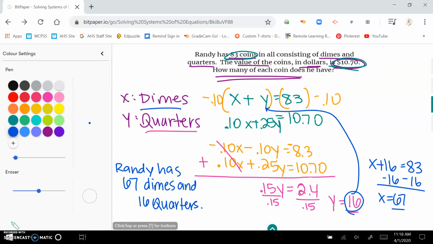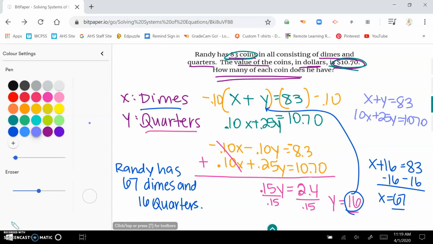To solve it using pennies instead of dollars, your equations would just be x plus y equals 83, and then 10x plus 25y equals 1070. You would just multiply that entire second equation by 100, and that would take away your decimals, and then you would just do the same thing.